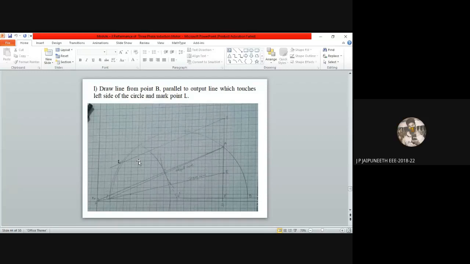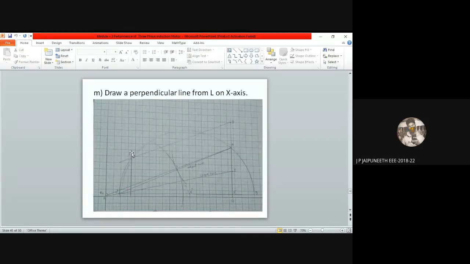Next, after marking point L, draw a perpendicular line from L towards the x-axis, like this.